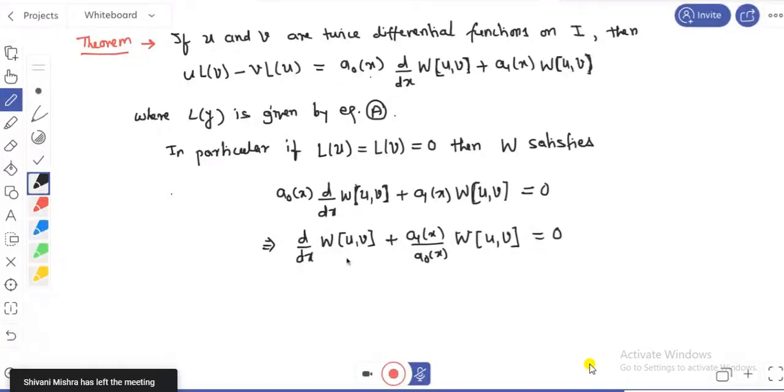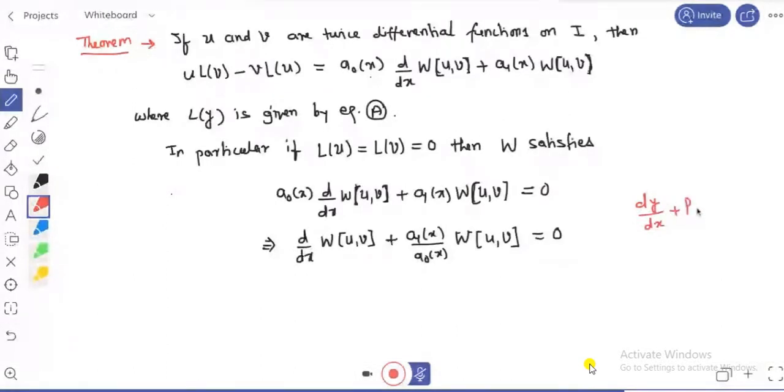Okay, so this means this is d over dx of some function plus some function p of x times that function, and if we suppose this is y, then the differential equation looks like dy over dx plus py equals to 0.